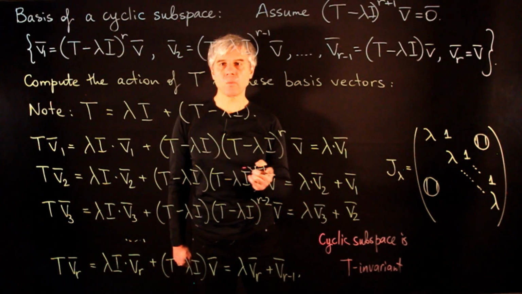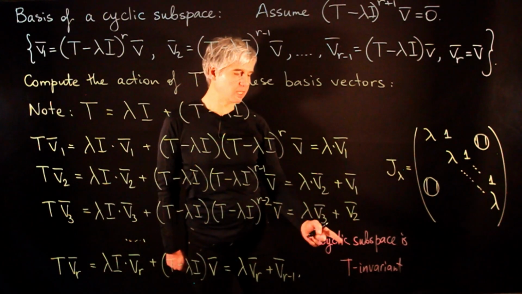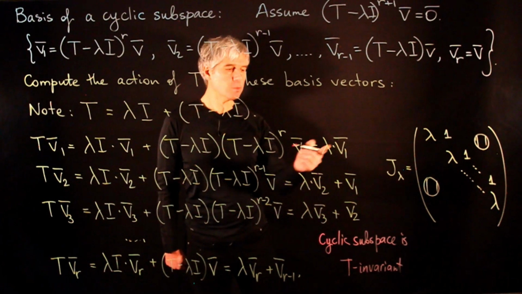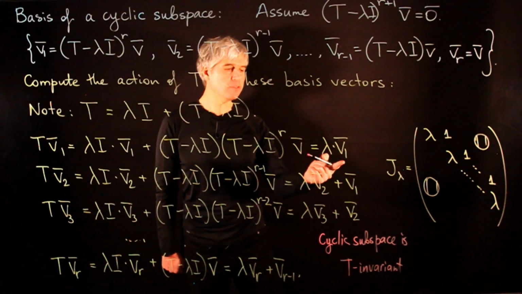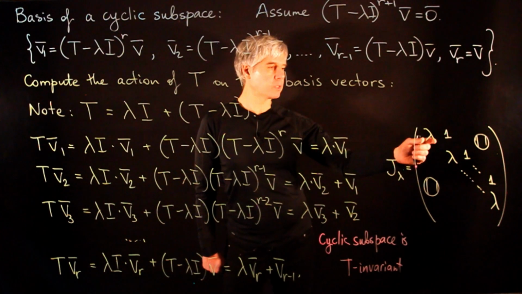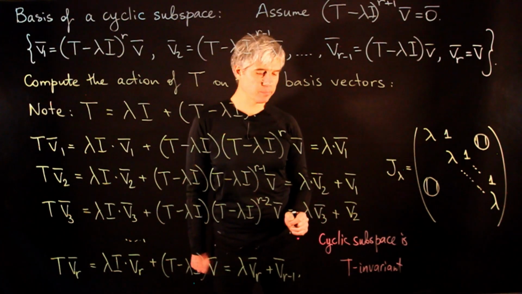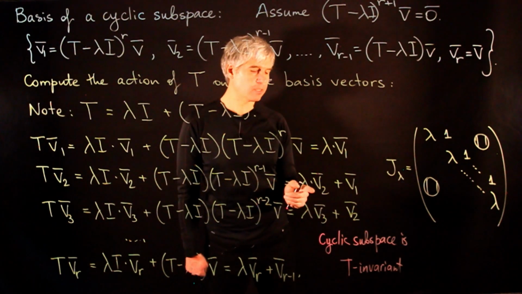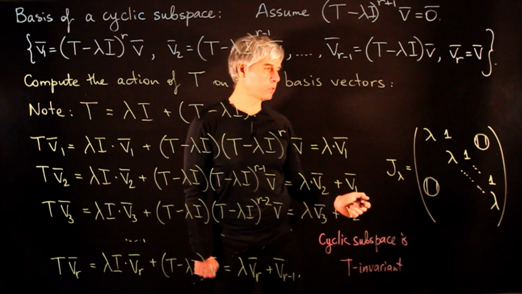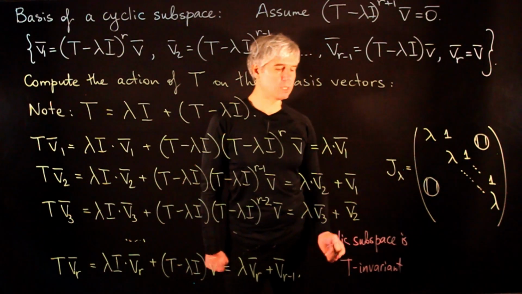And let us ask, what's the matrix of operator T when it acts on a cyclic subspace in this basis? The first basis vector is an eigenvector with eigenvalue lambda. So the first column is going to be lambda and then a column of zeros. When we act on the second vector, we get a lambda multiple of v2 plus v1. So the second column is going to be 1, lambda, and then the rest will be zeros.